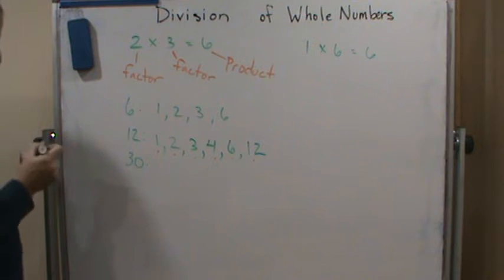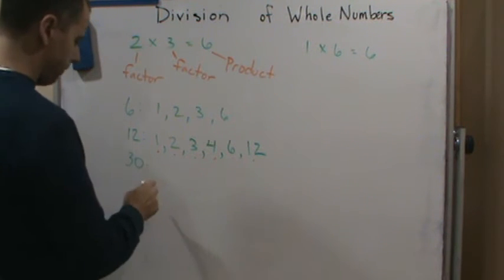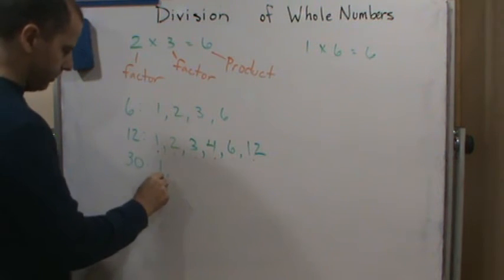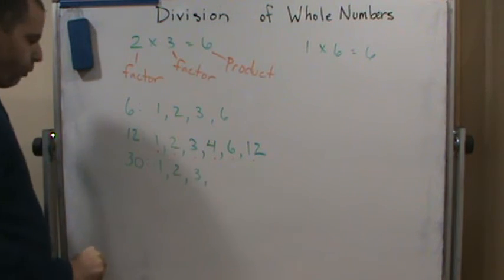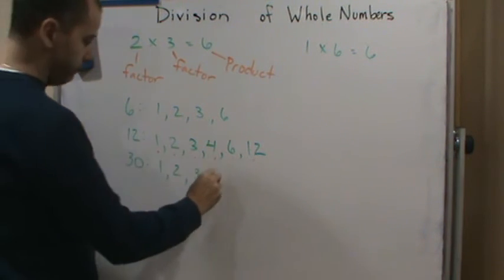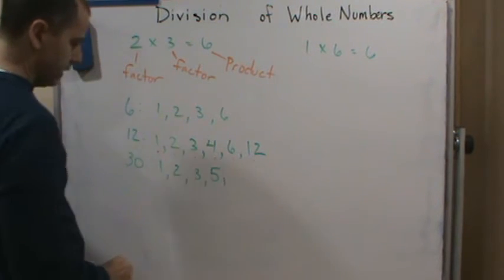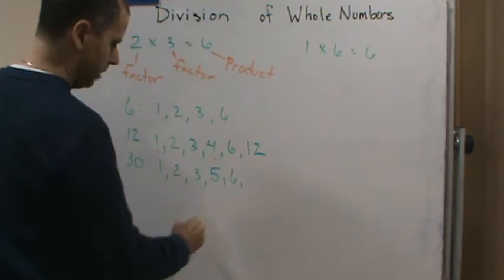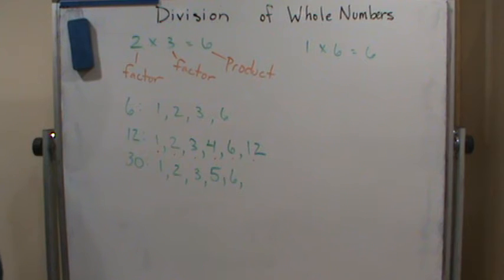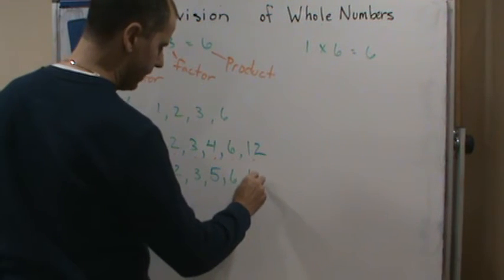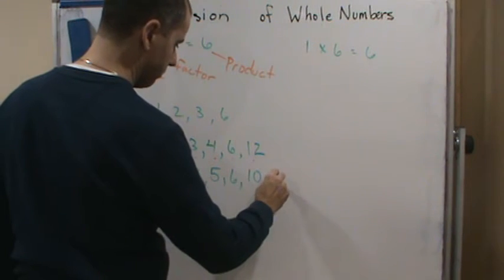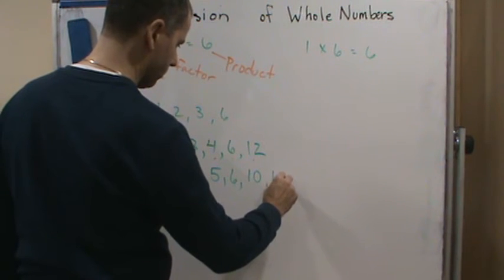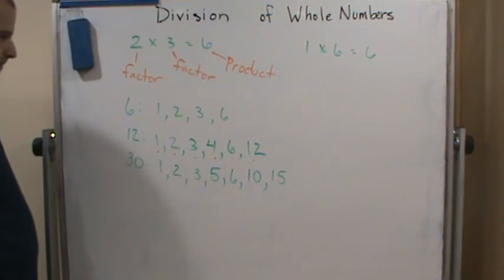Well, let's go through the process again. So our factors of 30 would be 1, 2, 3, 4 doesn't divide, 5 does, 6 does, 7, 8, and 9 do not, 10 does, 15 does, right?